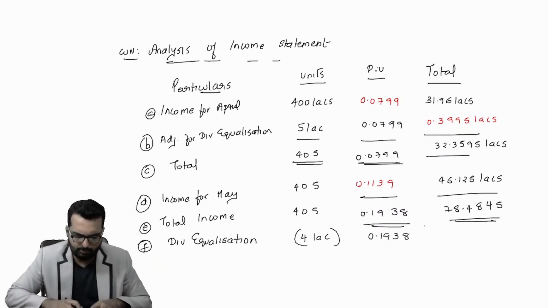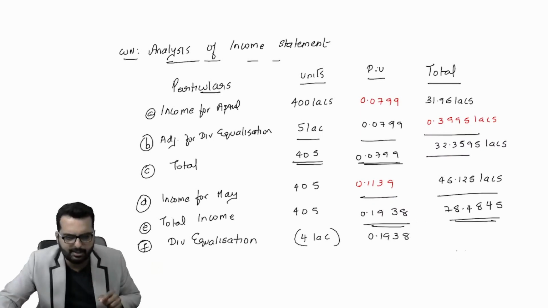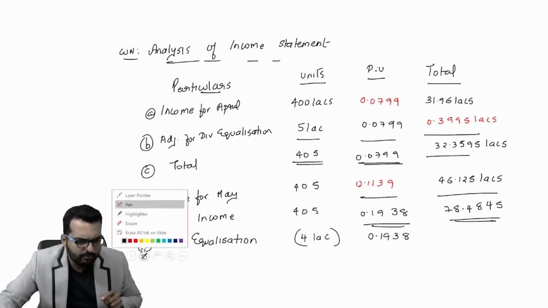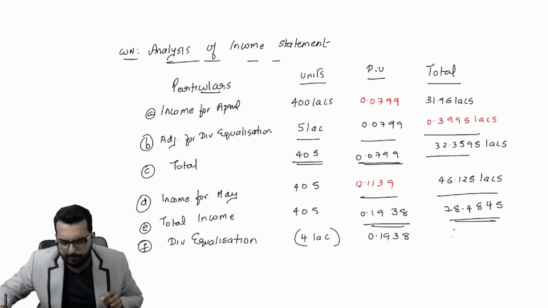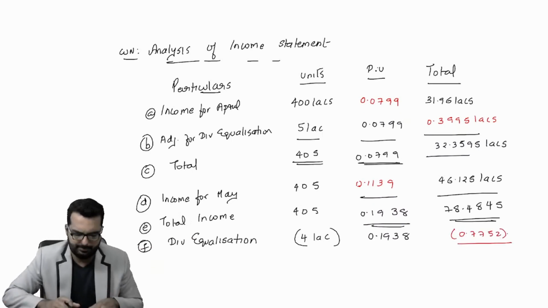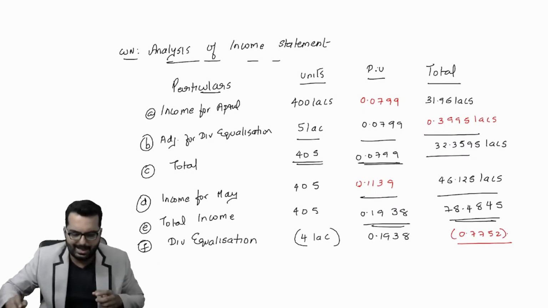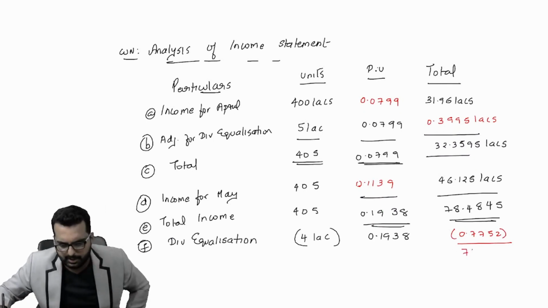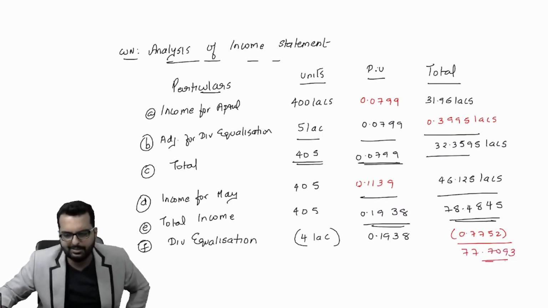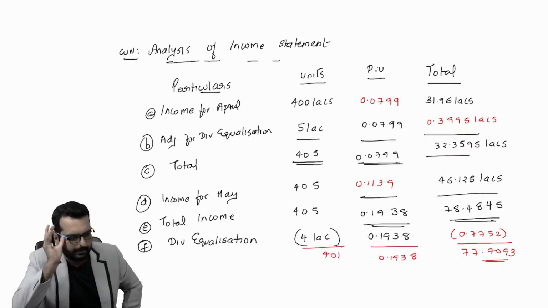So 4 lakh into 0.1938 will be 0.7752 lakhs will be my outflow. This much of my income will go from my hand. So my balance income would be how much? It will be 77.7093. That is nothing but 0.1938 and here it will be 401.